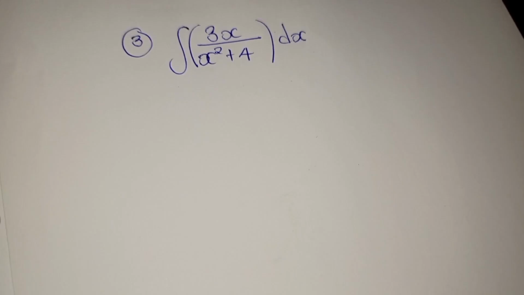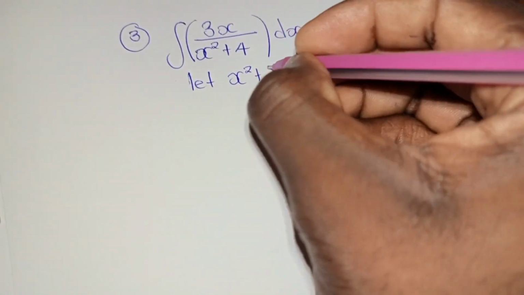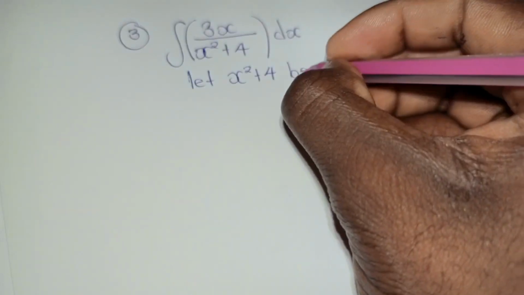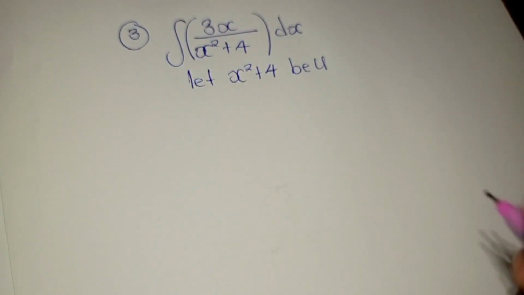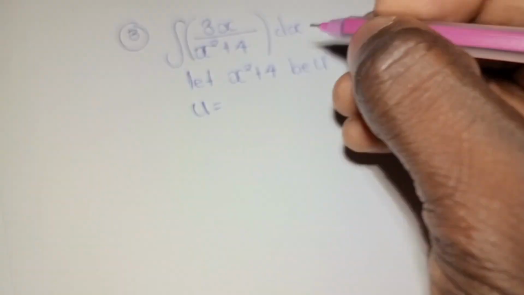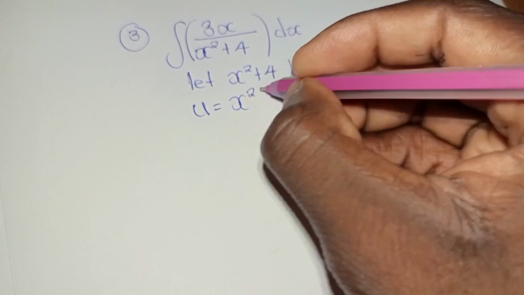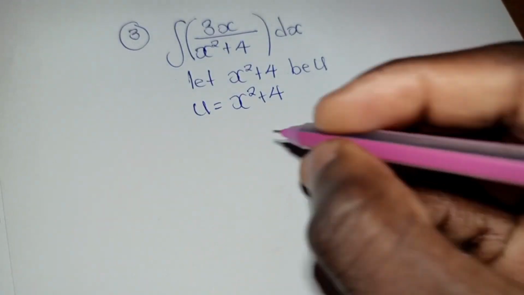So our third question here was this. We always get the complex one. So in this case, the complex one is this one. So we can say let x squared plus 4 be u, where we now find the derivative of u with respect to x.